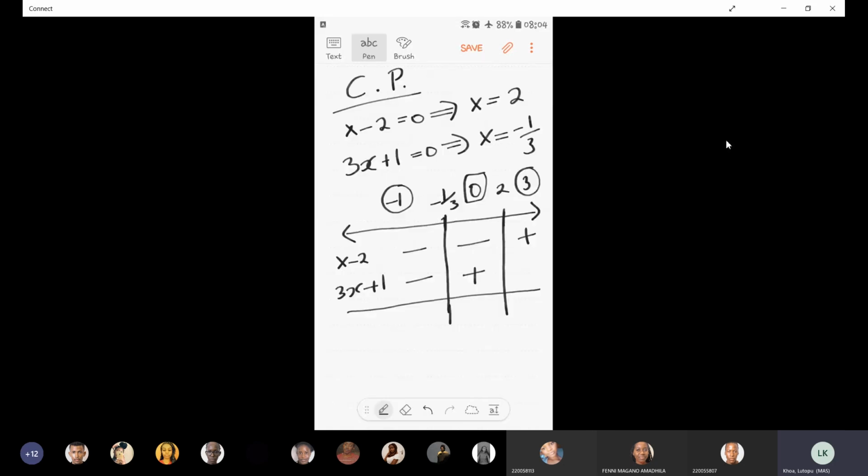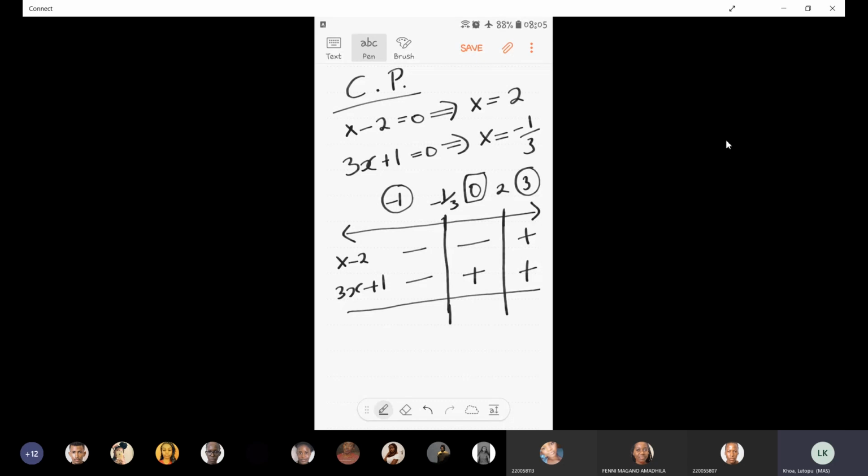Then we have 3 times 3 plus 1, this is positive. Okay, so you know how to read the table. Substitute in here, this value there, this is what you get. This value in there, this is how it is. This value in there, that is how it is. So it is a sign table. You know how to read tables.